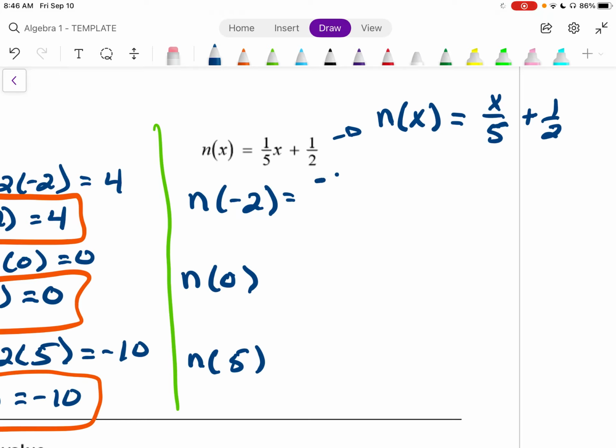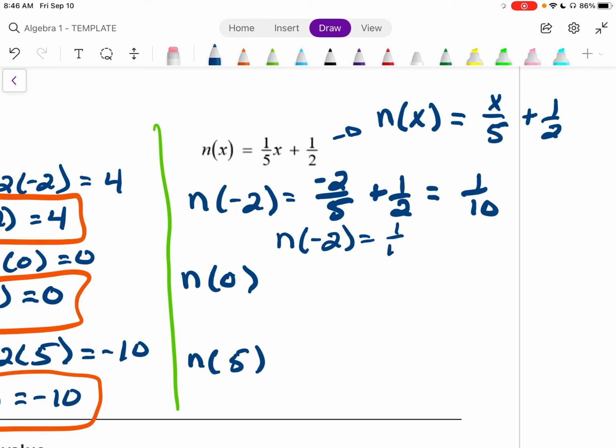For negative 2, I'm going to have negative 2 over 5 plus 1/2. And instead of doing that by hand and taking a while, I'm just going to type that in a calculator. I'm going to have negative 2 over 5 plus 1 over 2, and that gives me 1 over 10. So n of negative 2 is 1 over 10. For 0, I'm going to have 0 over 5 plus 1/2. Well, that's the same thing as 0 plus 1/2, which is 1/2.